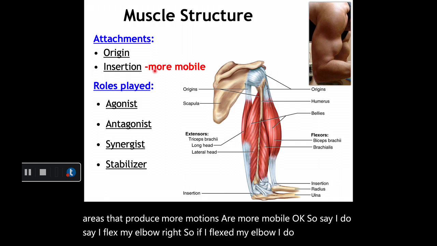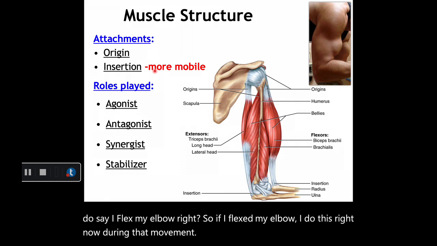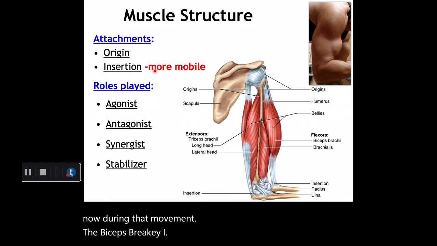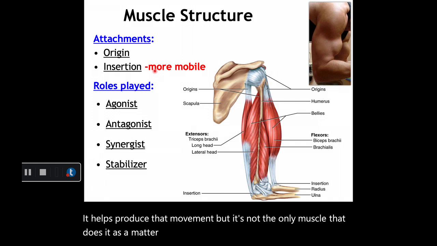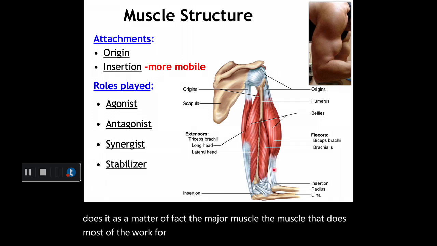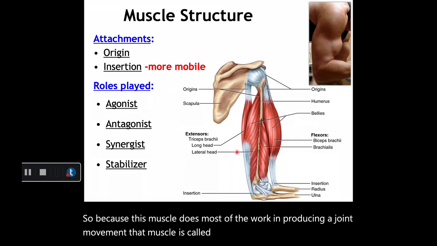Right? Now, during that movement, the biceps brachii helps produce that movement, but it's not the only muscle that does it. As a matter of fact, the major muscle, the muscle that does most of the work for elbow flexion, is called the brachialis. So because this muscle does most of the work in producing a joint movement, that muscle is called the agonist muscle.